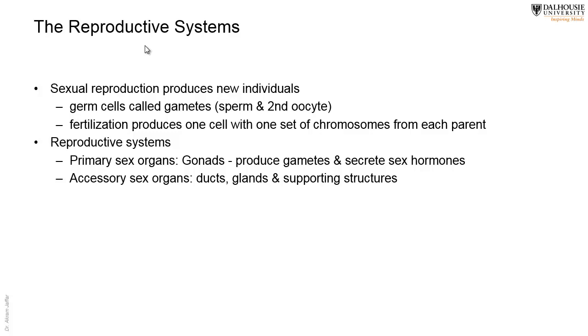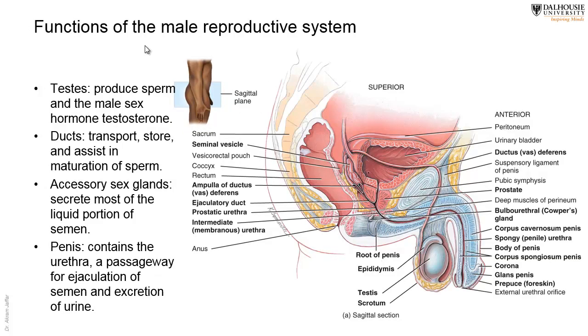For example, the ducts are the seminiferous tubules, the epididymis, the vas or ductus deferens. Other glands like the seminal vesicles, Cowper's glands, and supporting structures like the prostate, the penis, and so on. So this is the general introduction about the reproductive systems.